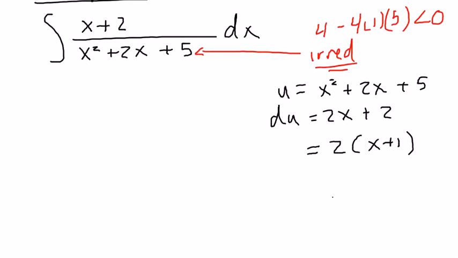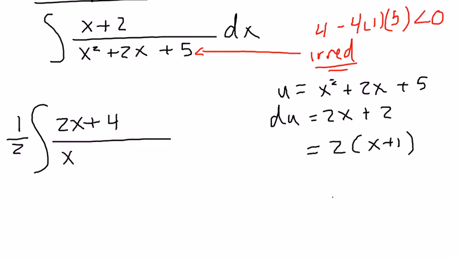So I'll pull out a 1/2, and that makes the numerator 2x plus 4. And all I need is a 2x plus 2, so I'll take the other 2.